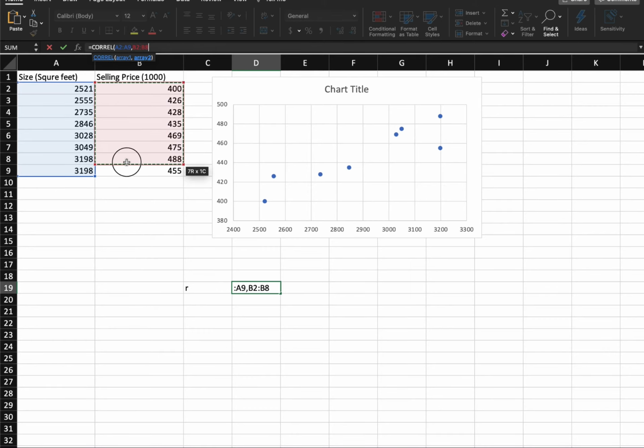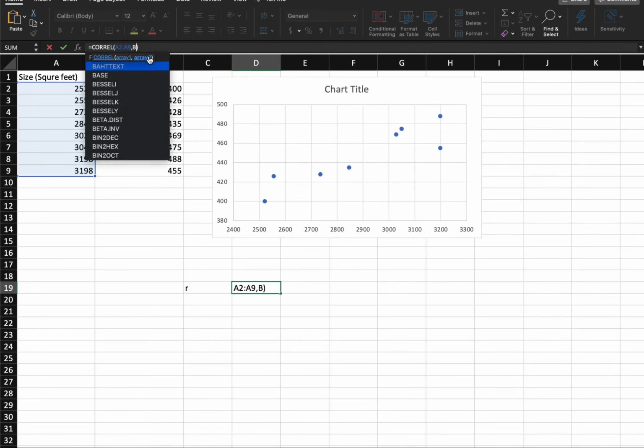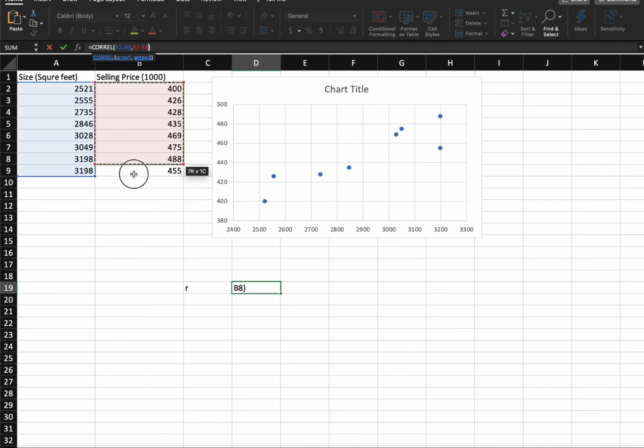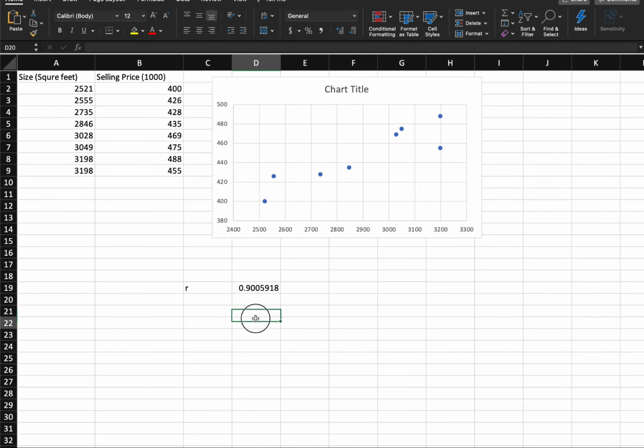So you give it that, and then you close it. Just a reminder, we're using a function called CORREL to calculate our correlation coefficient R, and we input our x values and our y values. And now we're going to press enter here.